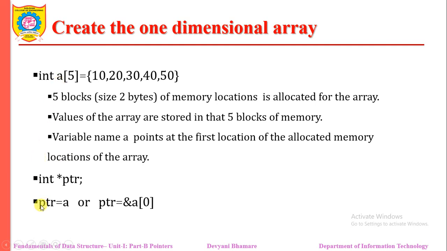The initialization can be done in two ways: pointer name equals array name, or pointer name equals address of the first element of the array. So in this example, ptr = a indicates that ptr is a pointer to array a. Or when we say ptr = &a[0], this indicates the first element of our array. So the pointer is pointing to array a.